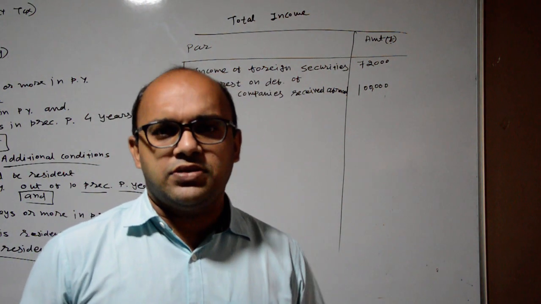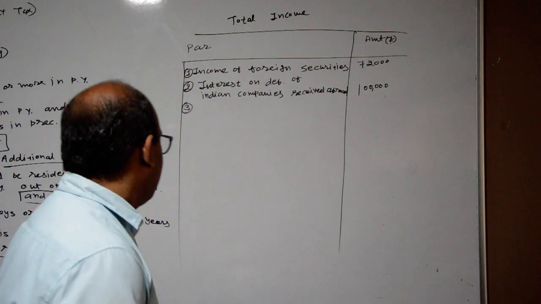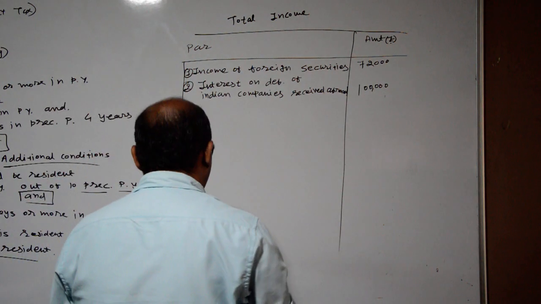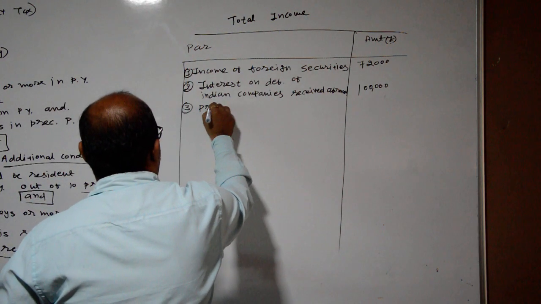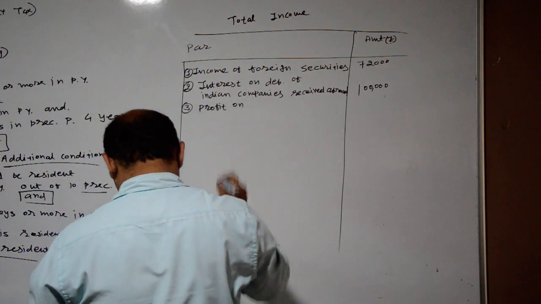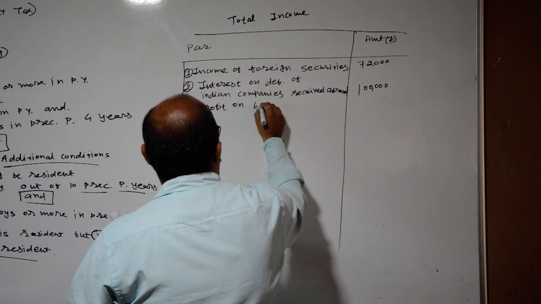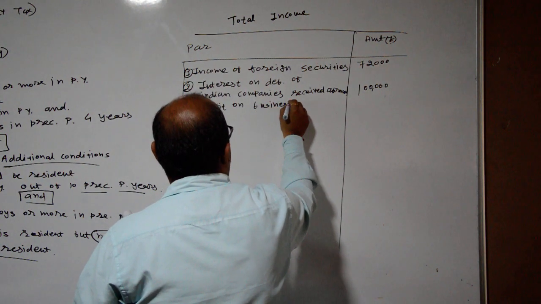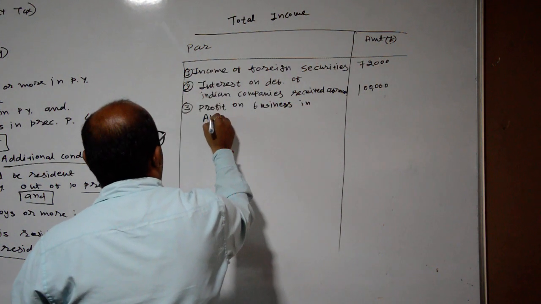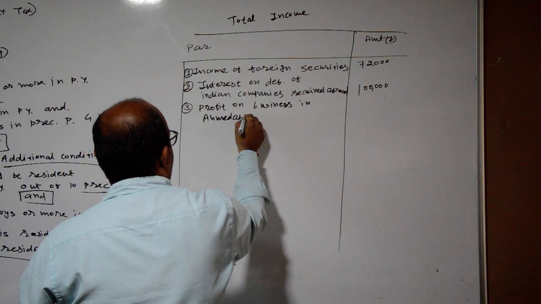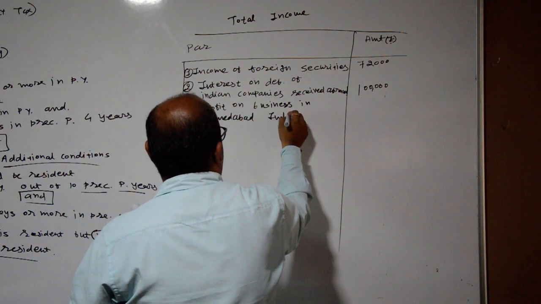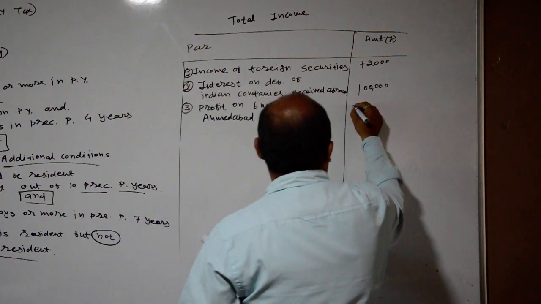In every situation Indian income is taxable. So here it is Indian income, so it is taxable. Profit on business in Ahmedabad, India. How much amount?